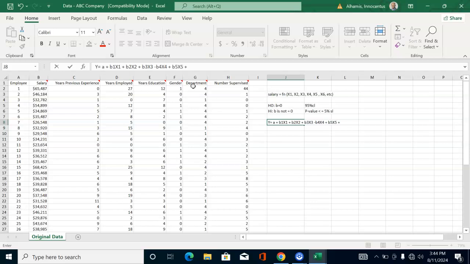Also the number supervised, meaning that if you are supervising many people, your salary will be more, so that will be a positive relationship. And so we have B6 x6, and then we can write the error term, so that will be E.